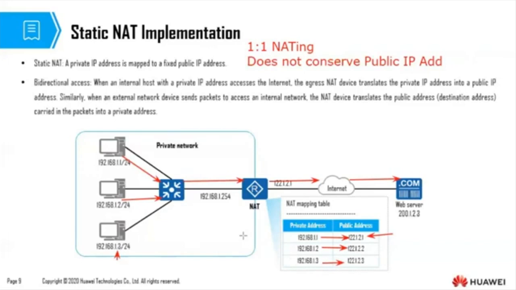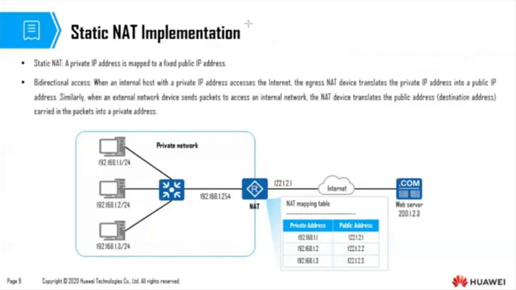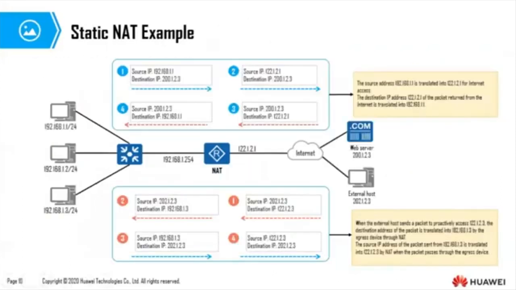So this is one-to-one mapping between public and private IP addresses, and therefore it does not really conserve IP addresses. That's what we call static NAT. Okay, so this is just an illustration of how it works, which is something that I've already mentioned.